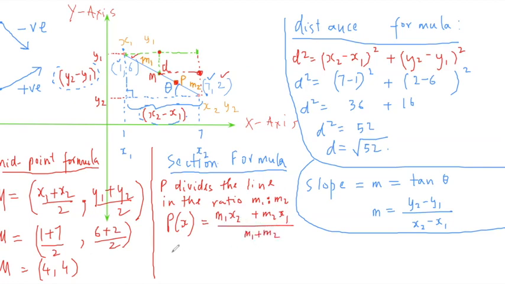And the y coordinate of P would be the same thing, just replace the x with the y: (M1y2 plus M2y1) divided by (M1 plus M2). These are the x and y coordinates of the section point.